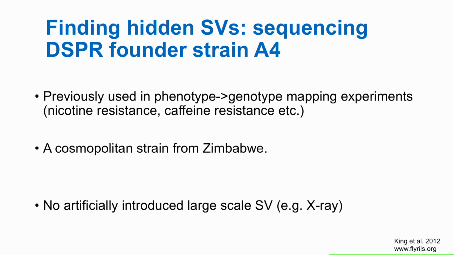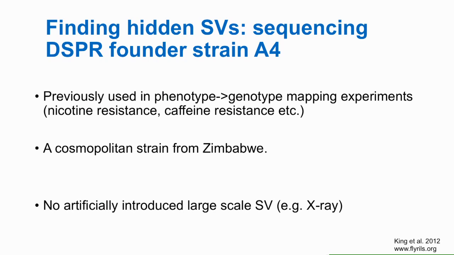we sequenced one of the 16 founder strains that are part of the DSPR. For those who are not familiar with the DSPR lines, please look up King et al. 2012 or go to flyrils.org. It has more than 1,700 inbred lines that serve as an excellent mapping population.